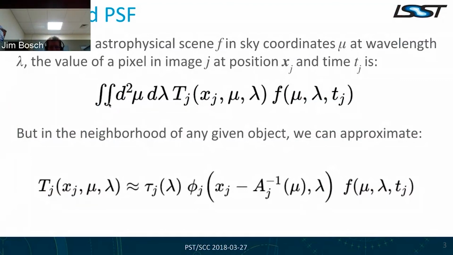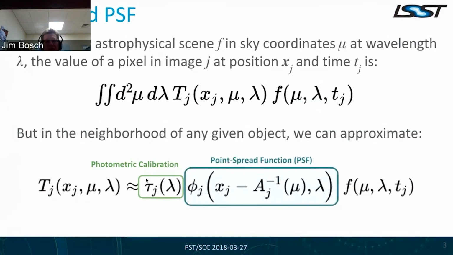And one of the fundamental assumptions of doing this kind of astronomy is that in the neighborhood of any given object, we make this approximation. We say that the transfer function is some photometric calibration term, this tau, which we're basically going to ignore from here on out, that this is constant over this object, that you have this point spread function. In other words, that this thing acts like a convolution on the true scene.